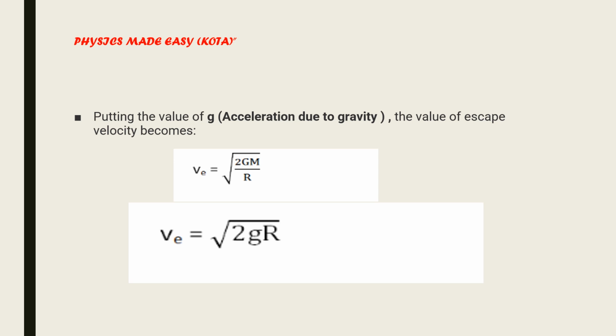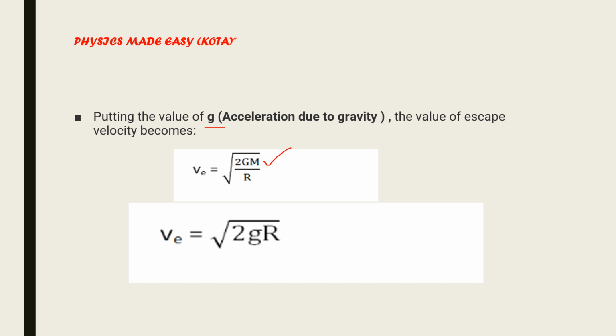As we are all aware, small g, that is acceleration due to gravity, on the surface of earth is GM divided by R squared. In the expression of the escape velocity, we have GM.